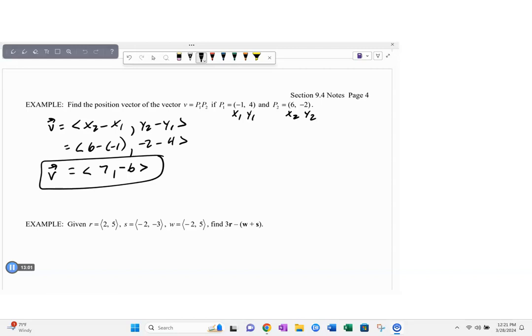All right, for this next one now, what if we're given an R vector, an S vector, a W vector? Can we find the resultant vector here, 3R minus W plus S?